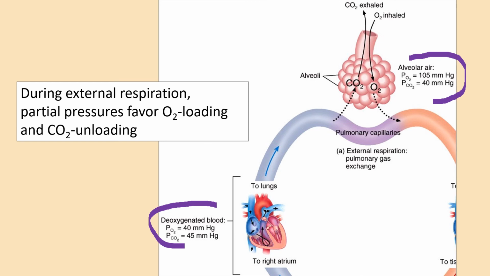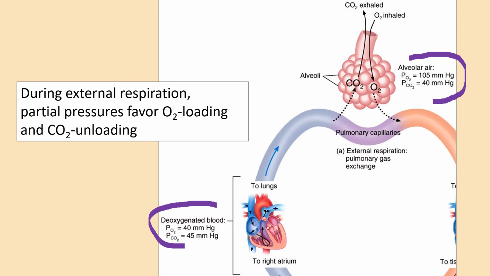So in alveolar air, we have a partial pressure of oxygen of 105 millimeters of mercury, and for carbon dioxide it's 40. And then in this oxygen-poor blood, the partial pressure of oxygen is 40 millimeters of mercury, and for carbon dioxide it's 45. So let's take these gases one at a time.